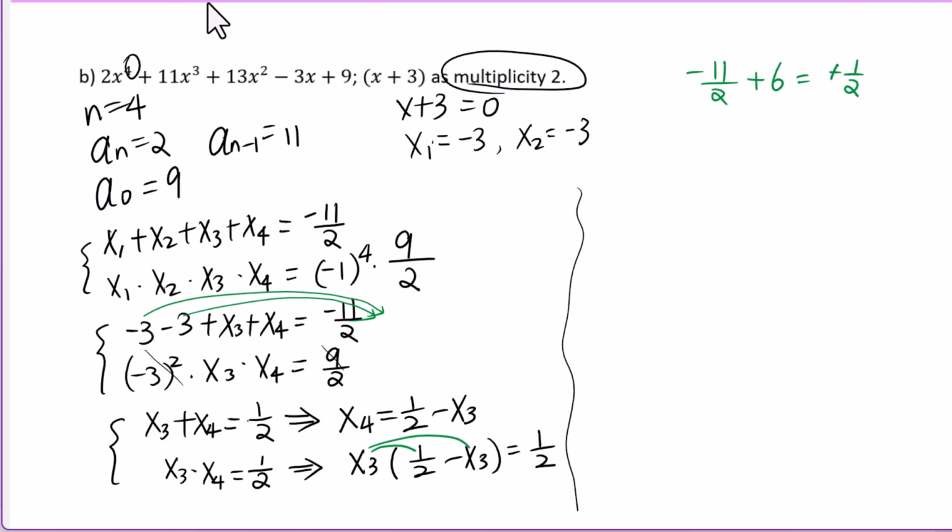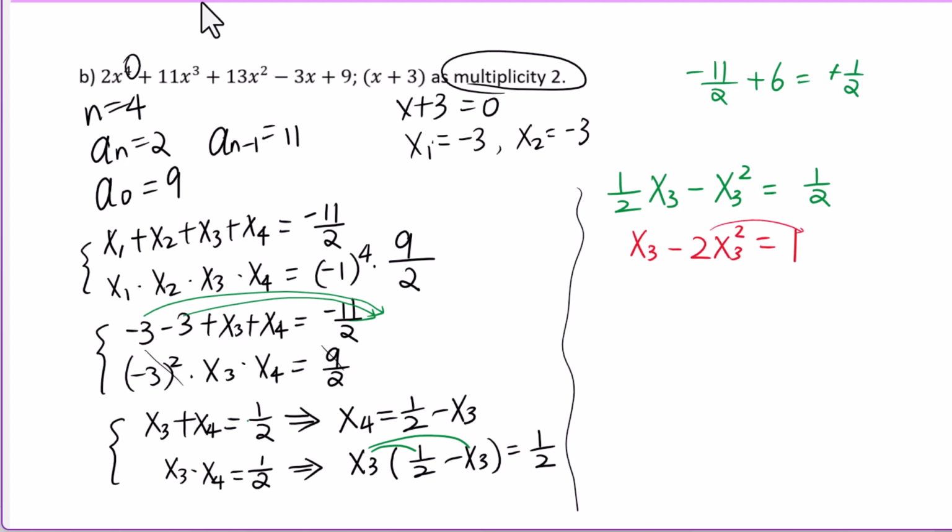Distributive property. 1/2 x3 - x3^2 = 1/2. Get rid of the denominator by multiplying 2 on both sides. x3 - 2x3^2 = 1.